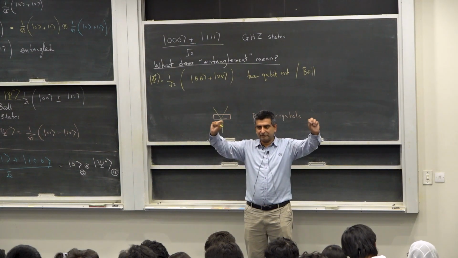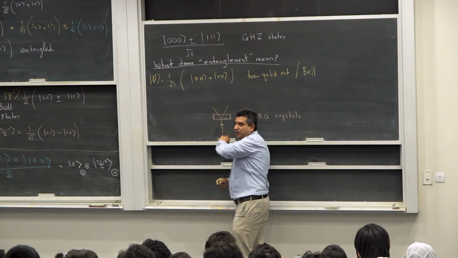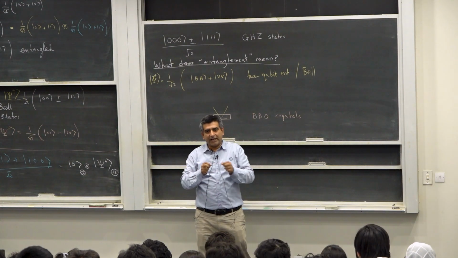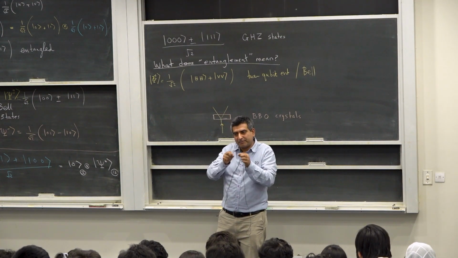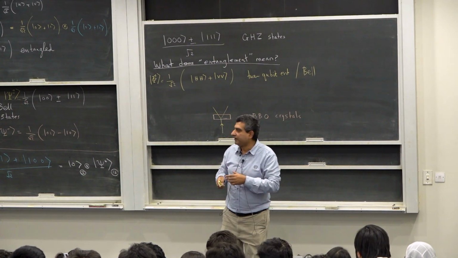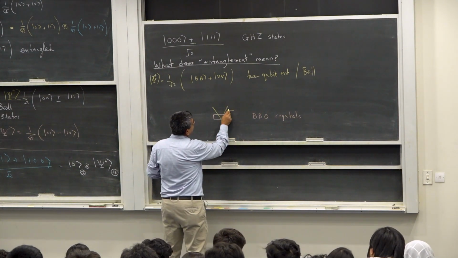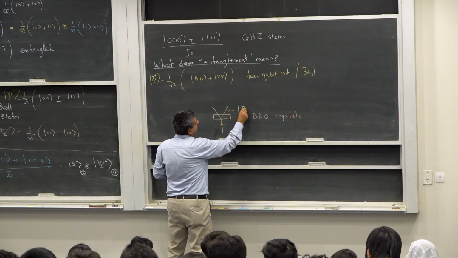Two beams come out. So one photon is in this beam, the other photon is in the other beam. And both of these photons have their polarizations entangled with one another. So the state of these two photons is phi plus.